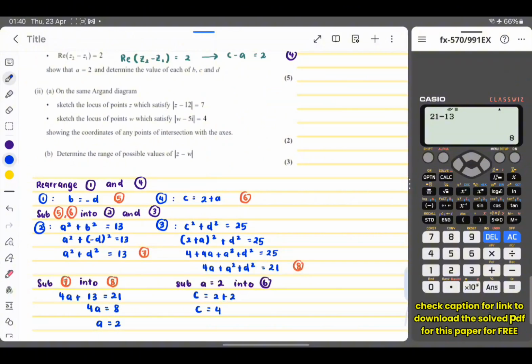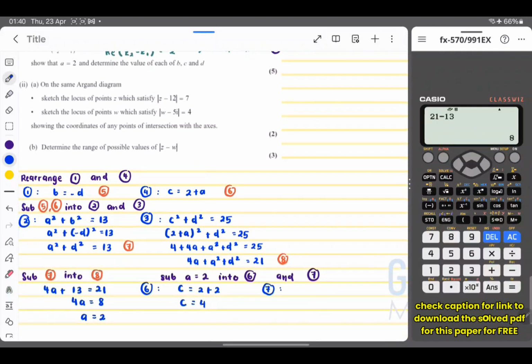Next, we can find B or D. Let's use equation 7. So, sub A equals 2 into 6 and 7. This is equation 6, and this one is equation 7. Equation 7 is A square plus D square equals 13.